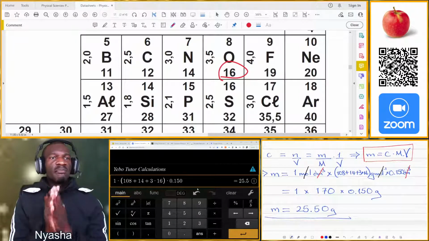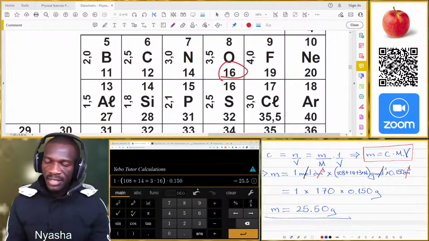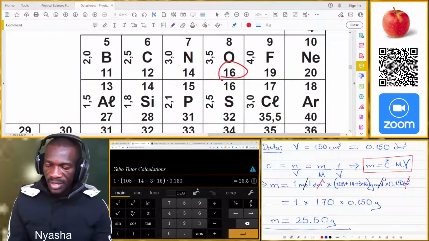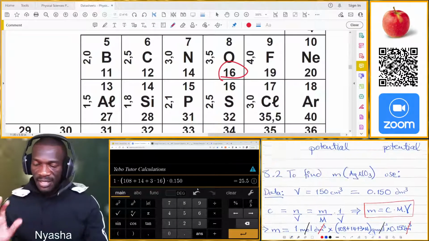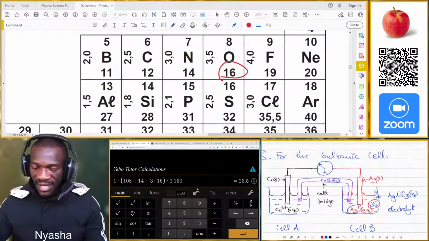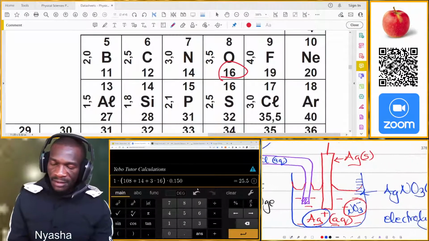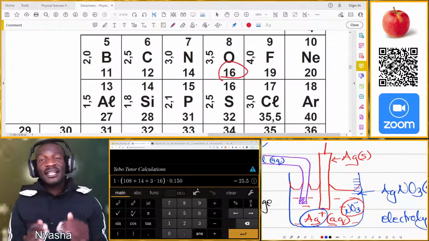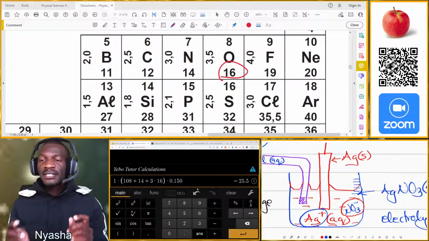So what was the important thing in this calculation? The important thing in this calculation was to remember standard conditions. In electrochemistry, when we make a galvanic cell, we need to compare these galvanic cells consistently.